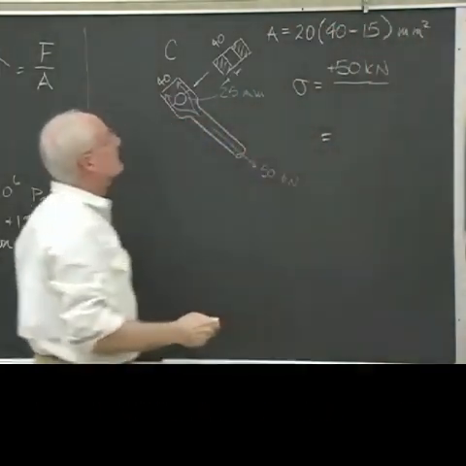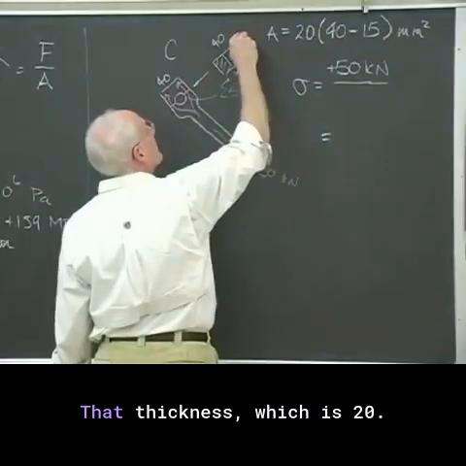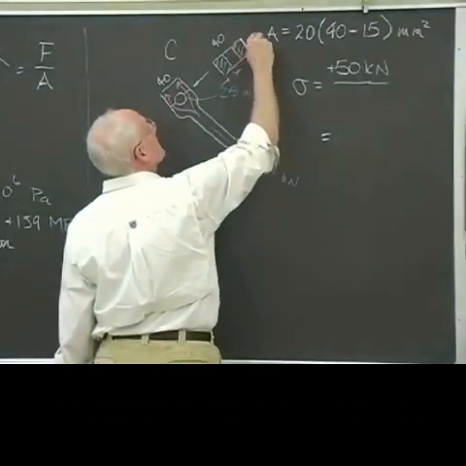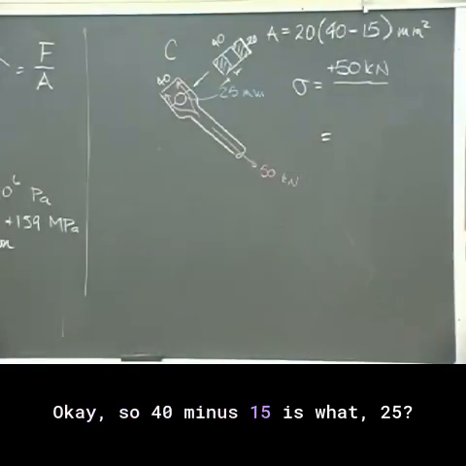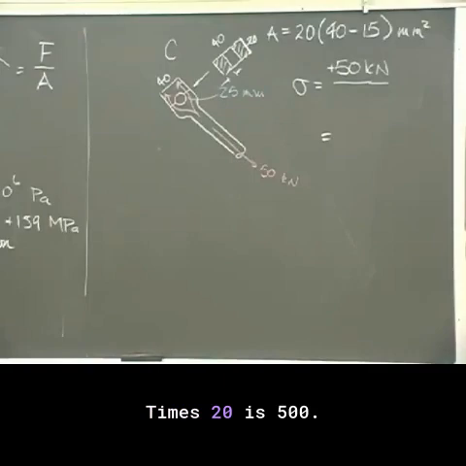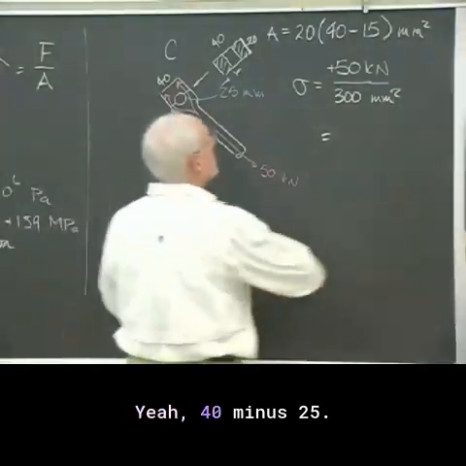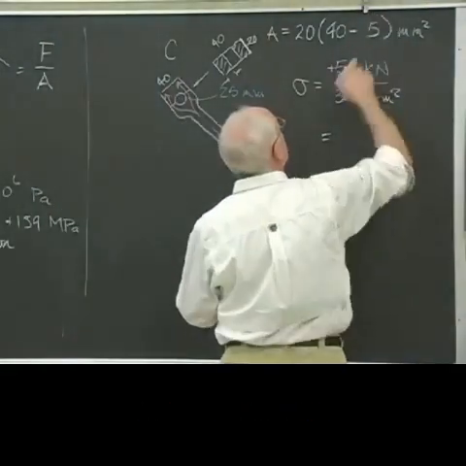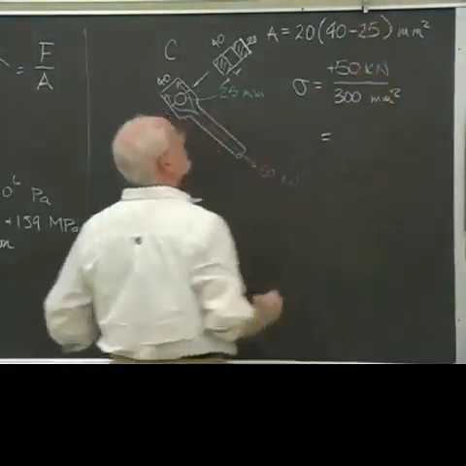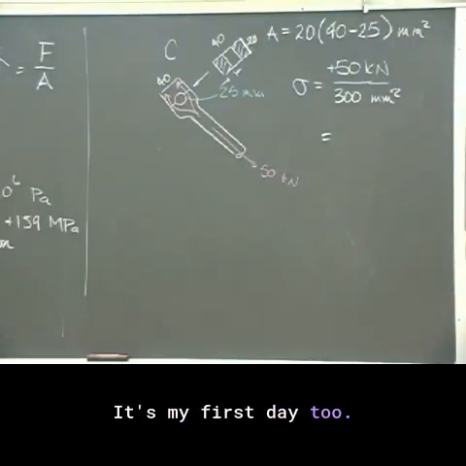Because I didn't take into account that thickness, which is 20. Okay, so 15 times 20 is 300. Yeah, 40 minus 25, 15 is the result. Whew. It's my first day too.